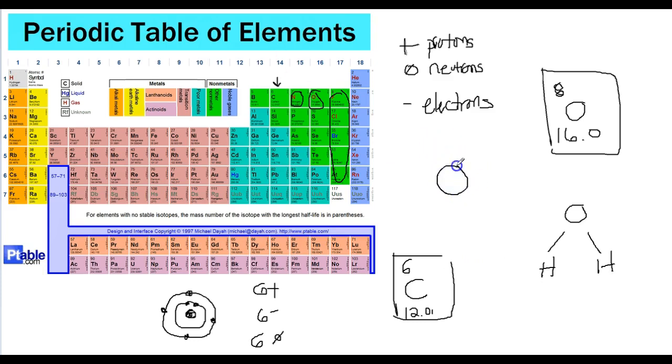Right, so it's an oxygen. Remember, that's the nucleus, which I'm not going to draw, but the nucleus has 8 protons and, remember, that's a 16, so 16 minus 8 is 8 neutrons. On that first shell, oxygen has 2 electrons. On that second shell, oxygen has 1, 2, 3, 4, 5, 6.